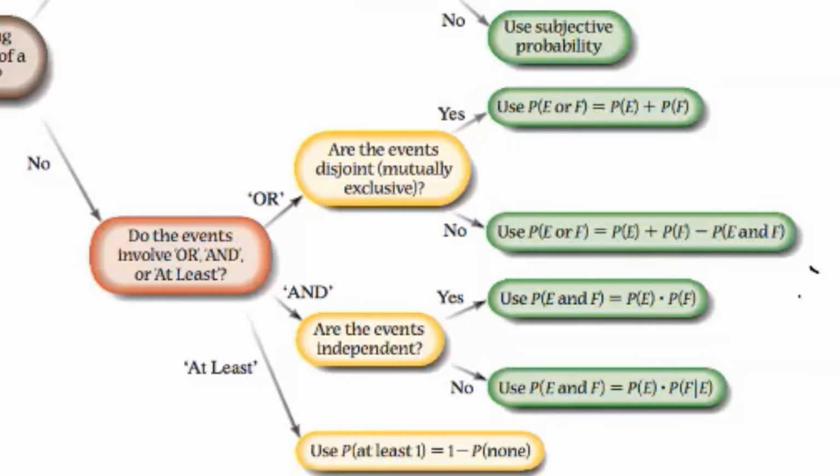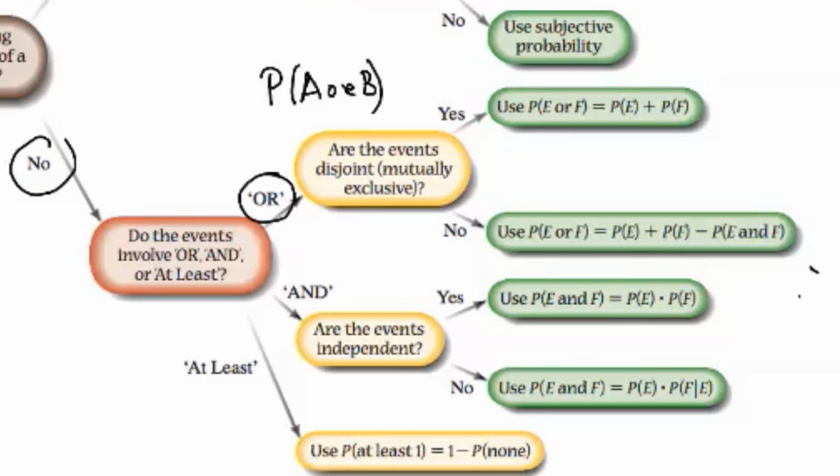Then, if your event is not a single event but a compound event, it could be the probability of A or B, A and B, A given another condition, or at least. Let's study the first one. When the two events have this form, the probability of A or B, this is a compound event.